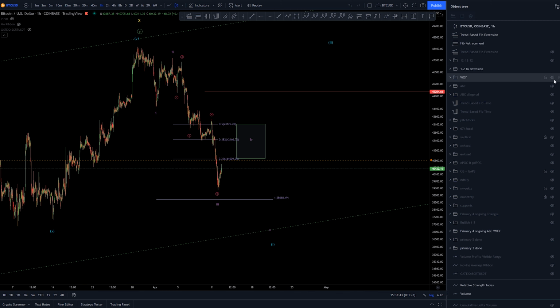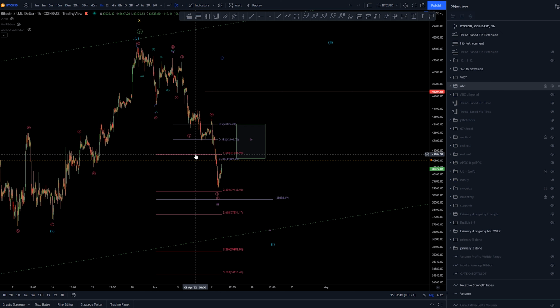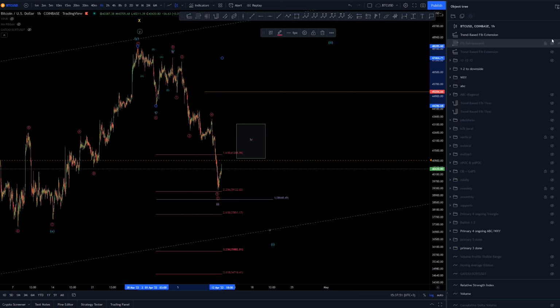and let's see, where do I have the fibs? Right here. So this fib here, this pink, shows you that we almost got to the 2.236, which is usually the level for the wave 5 if none of the waves are extended.